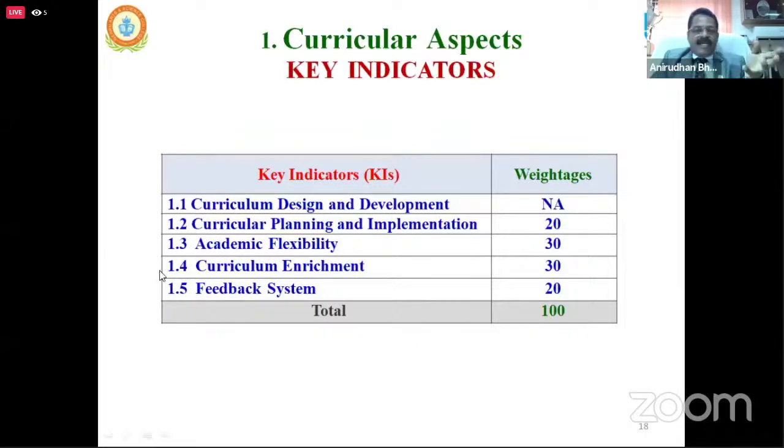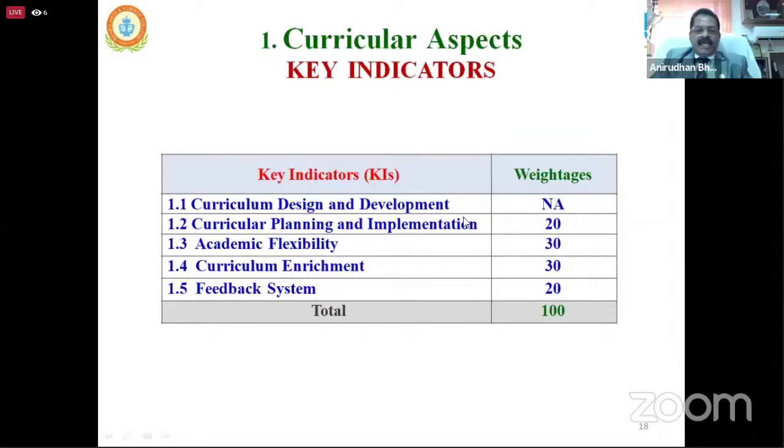And for the affiliated colleges, the first indicator, curriculum design and development, is not there, because in general the affiliated colleges do not have anything to do with curriculum design and development. It is done by the university, and the university percolates it down to all the affiliated institutions.